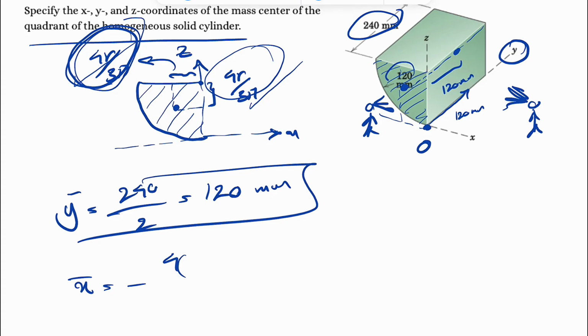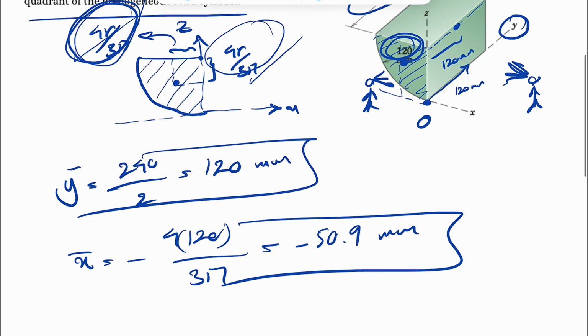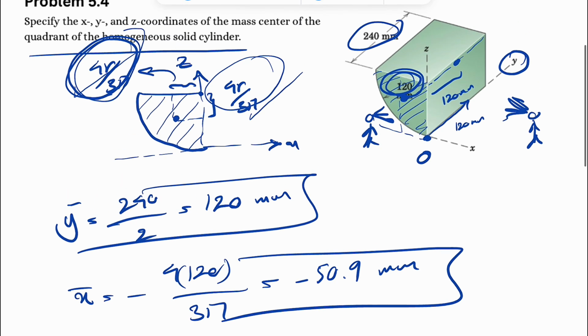The radius is 120 millimeters. Let's see what we get: 4 times 120 divided by 3 pi, that's going to be negative 50.9 millimeters.